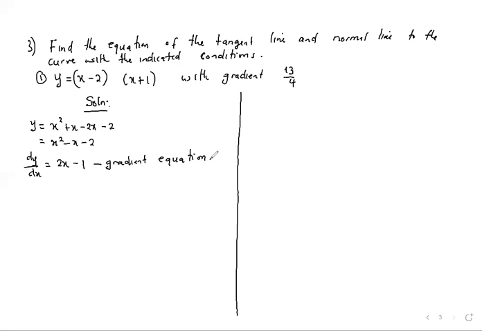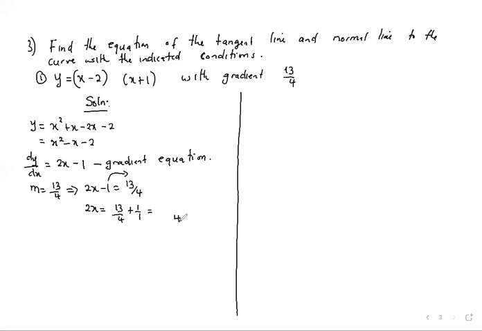Now, because of the gradient equation like this, and I'm told that the gradient itself, m, is 13 over 4, it simply implies that 2x minus 1 is equal to 13 over 4. If we take this one to the other side, then we'll get 2x is equal to 13 over 4 plus 1 over 1.